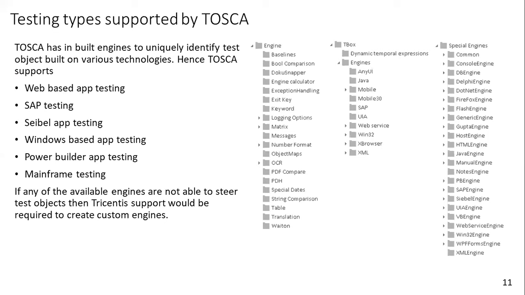Similarly for HTML, if a web page is there, it will identify the web page with the HTML engine. Anything for the desktop is the Win32 engine. Some forms will be handled by the WPF forms engine. The Host engine is for mainframes.